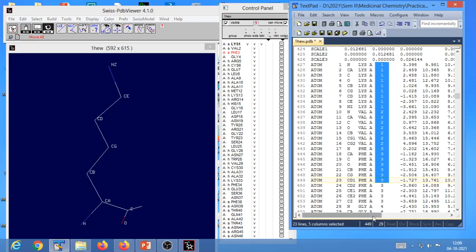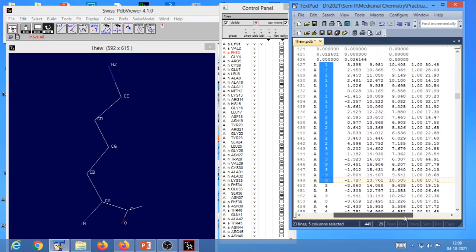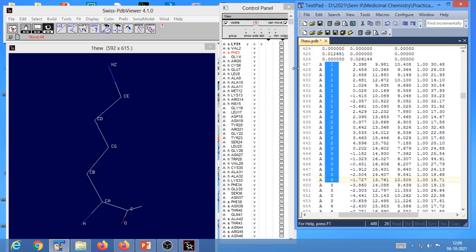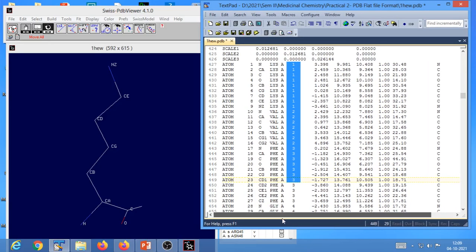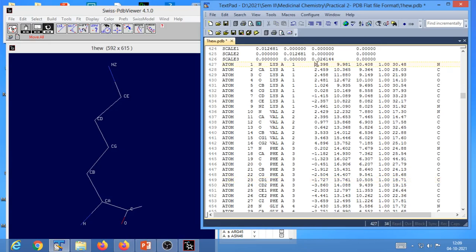The next three columns correspond to the actual coordinates of your PDB file. This is very important. So these are for this particular nitrogen atom. In order to represent this particular nitrogen atom, its structural data is represented in Cartesian coordinates.